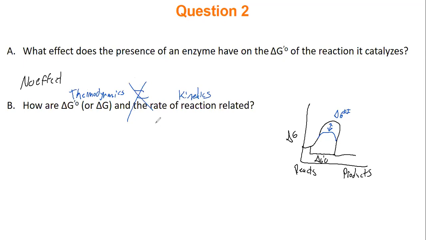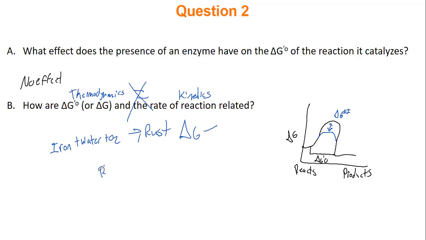Give you two examples. Iron plus water and oxygen forms rust, right? Delta G is negative for this reaction. It takes a long time though. If you put a nail outside, it will take quite a while for that to rust, even though it's spontaneous.